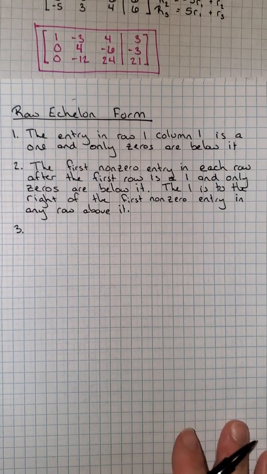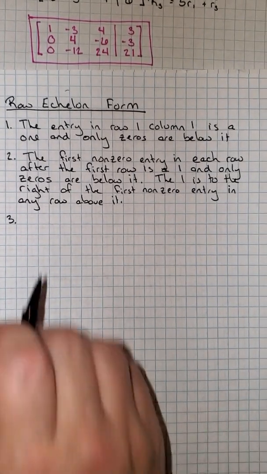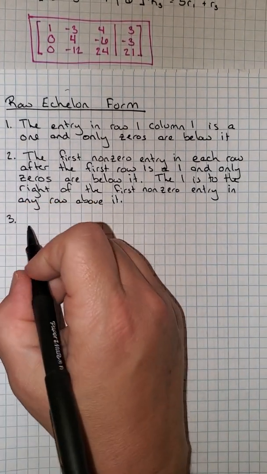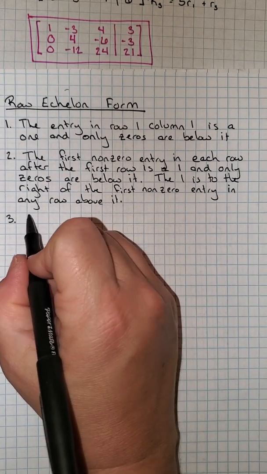Well, this thing's just kind of hard to put into words. And then any rows with all zeros to the left of the vertical is at the bottom.